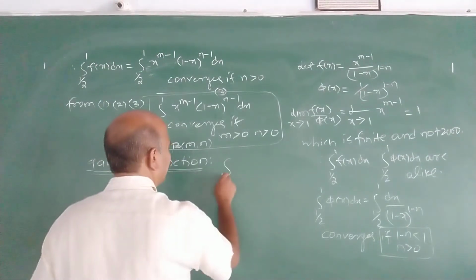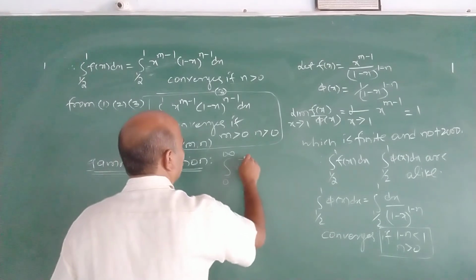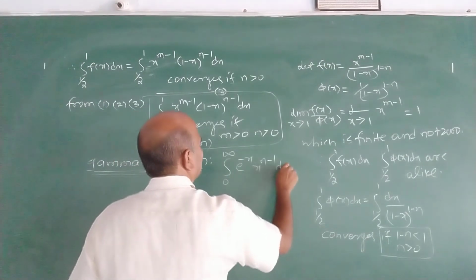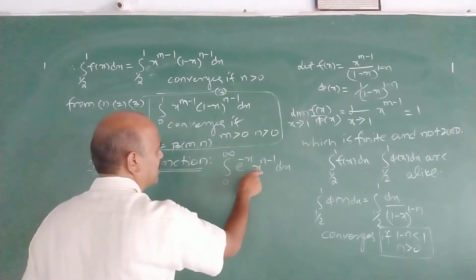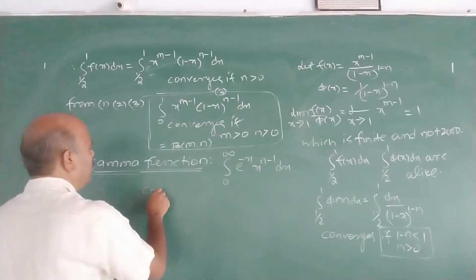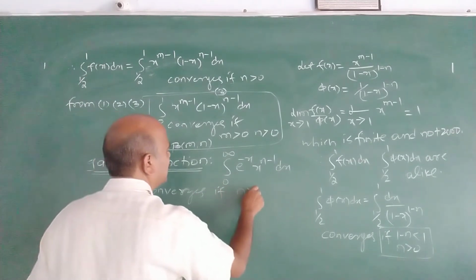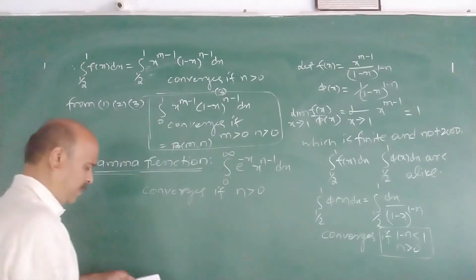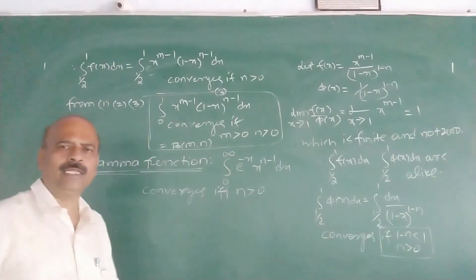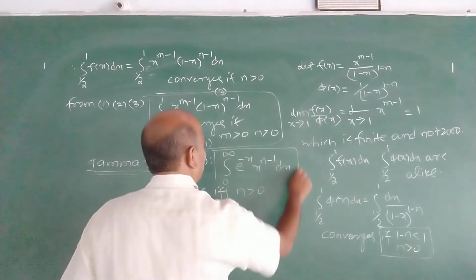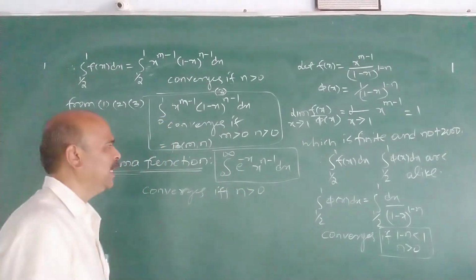Then the gamma function. The gamma function is like this: integral from 0 to infinity of e raised to minus x, x raised to n minus 1 dx. This converges if and only if n is greater than 0, and it will be a function of only n.